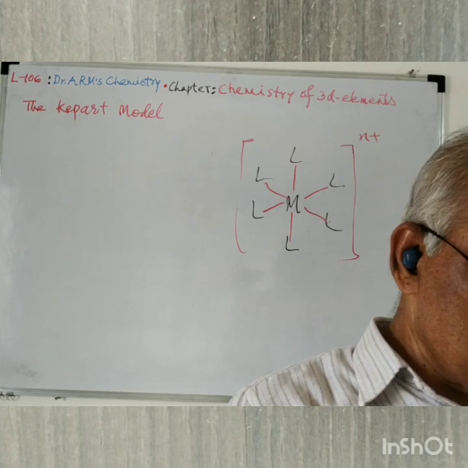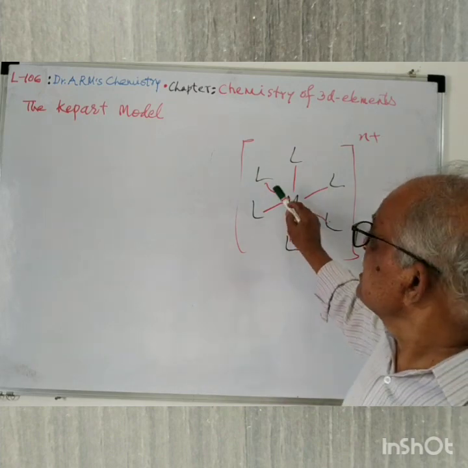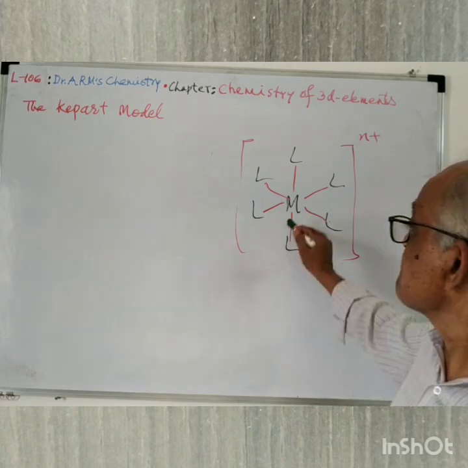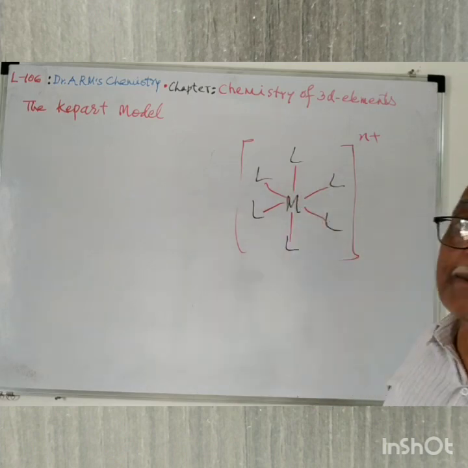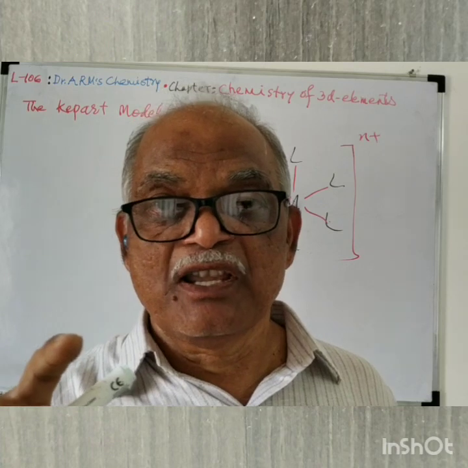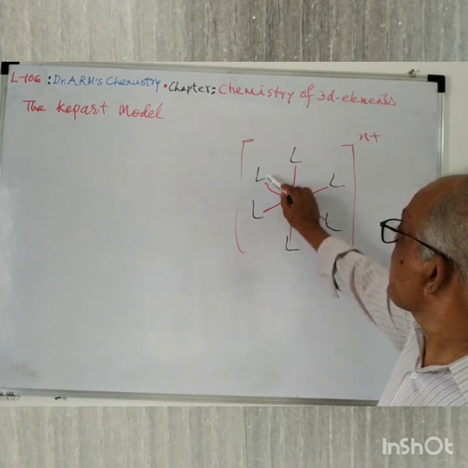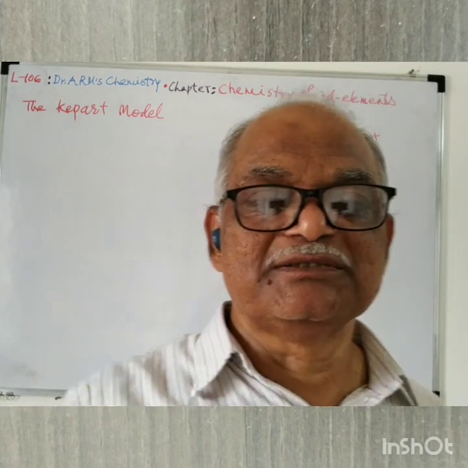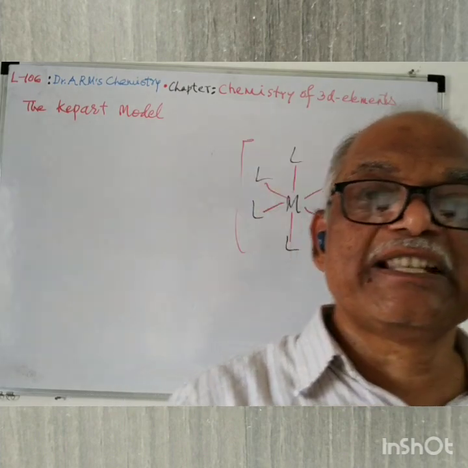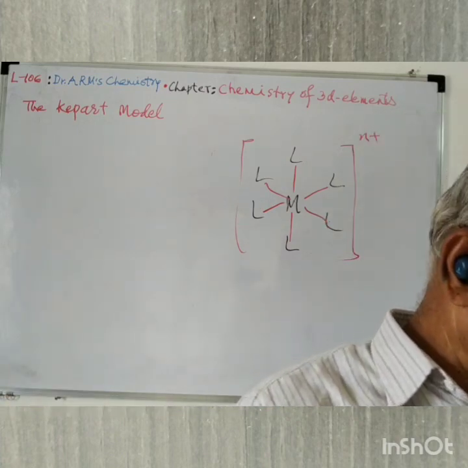So there is only some similarity: the ligands repel each other, so that they occupy fixed positions. It means the distance between the ligands is controlled by the repulsive forces existing between them. This is the similarity between the Kepart model and the VSEPR model.